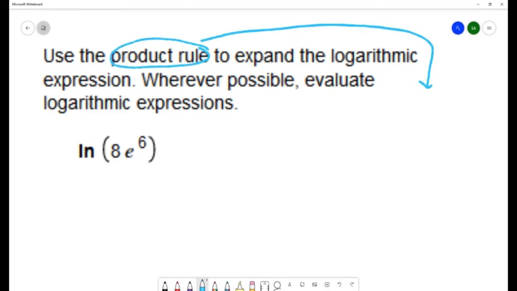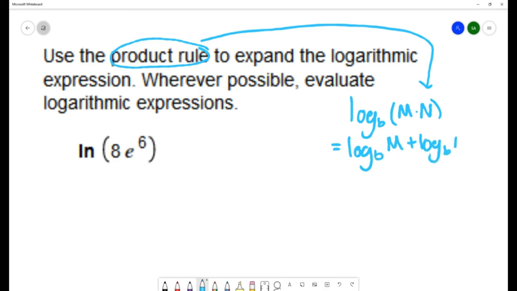The product rule for logarithms looks something like this. You have log base b of m times n. So the reason why it's called the product rule is because you'll have a product inside your logarithm. And when you expand this, the way you expand it is to have log base b of m plus log base b of n.